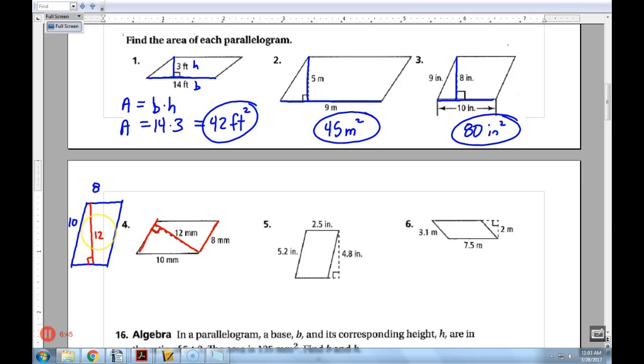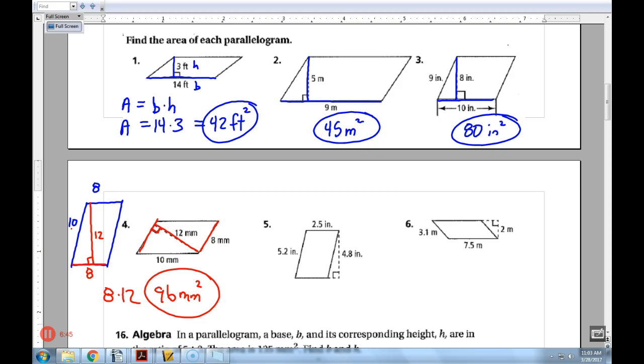And I honestly think this is an impossible picture because 10 is the hypotenuse and there's no way that the hypotenuse can be bigger than a leg of the triangle. So this is a bad question by the computer generator, the textbook that I stole this from. But either way, I do area of a parallelogram is base, which is 8, times height, so that would be 96 square millimeters, or 96 millimeters squared.